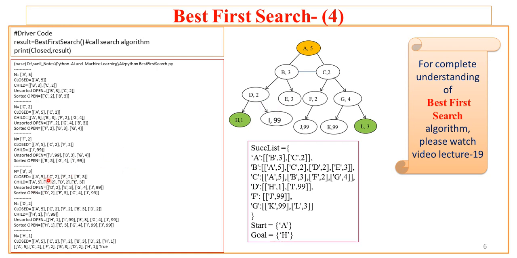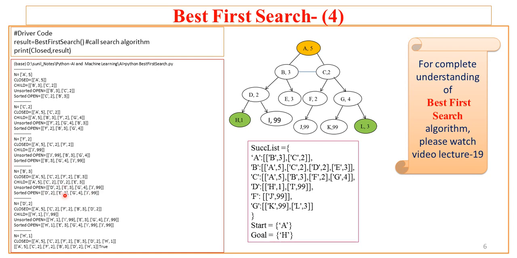And now, what are the children of B? The children of B are A, C, D and E. From this list, which is written by the MoveGen, whatever is in the open and closed is removed. After that, what is left is just D and E. Now in open there is already G and J. So to the front of this, D and E are added, and this is sorted again.